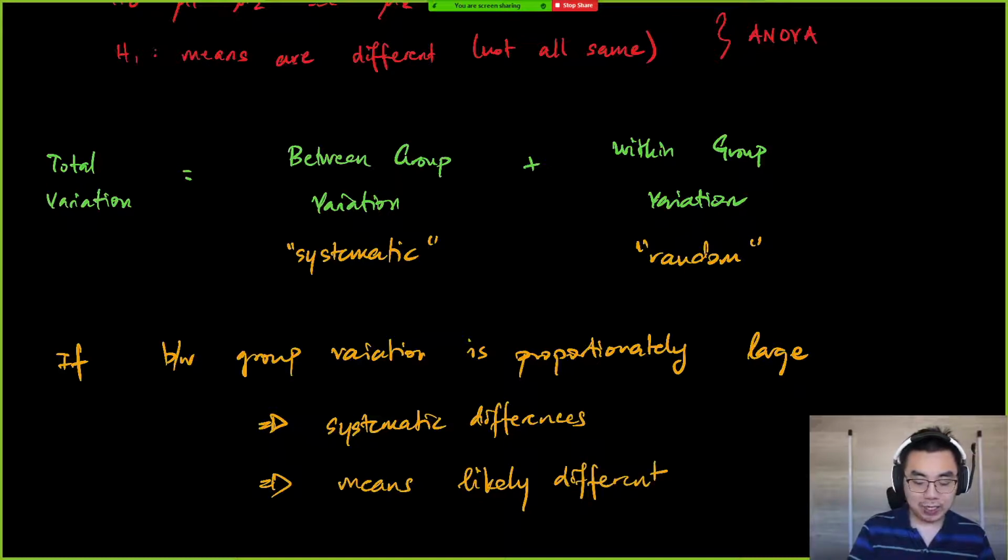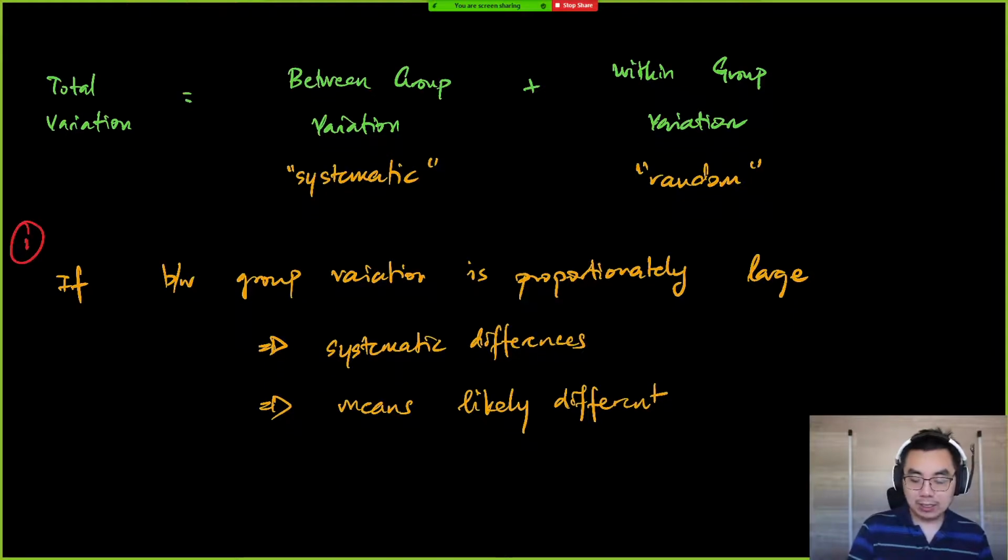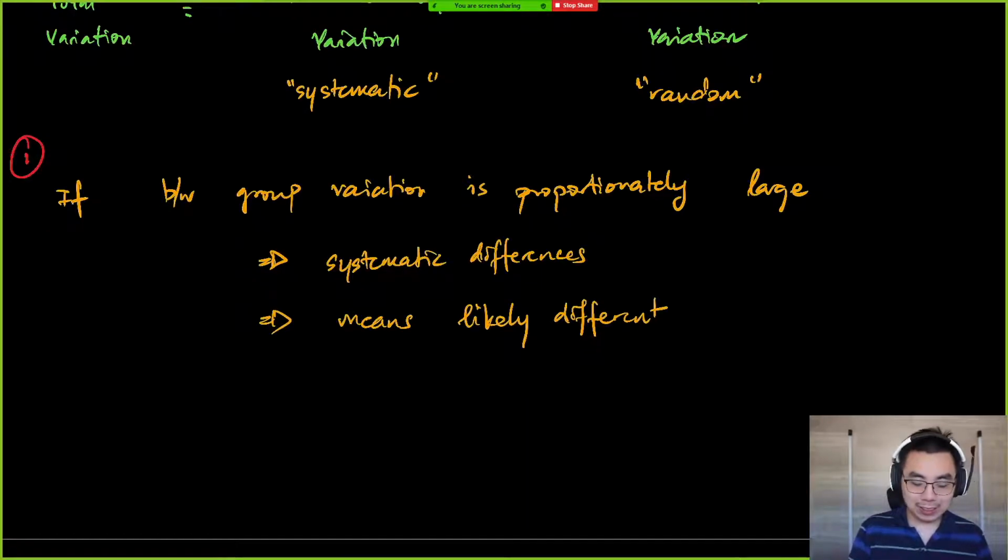Let's call that case 1. Case 2 is if the between group variation is proportionately small.